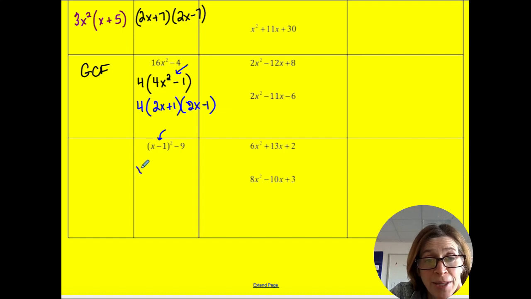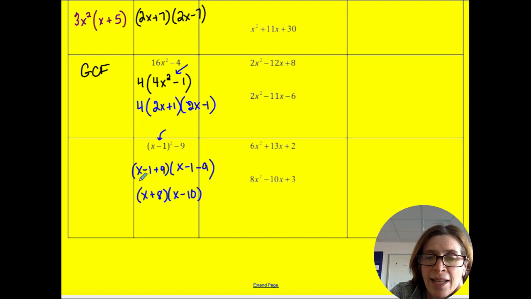So that would be x minus 1 plus 9 and x minus 1 minus 9. Then I simplify to x plus 8 and x minus 10. Now, you could certainly FOIL that out or multiply that out and then factor it, but I just think it's easier to notice the factor pattern of dots.